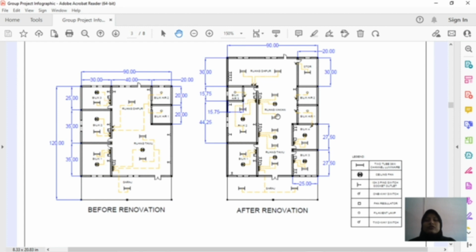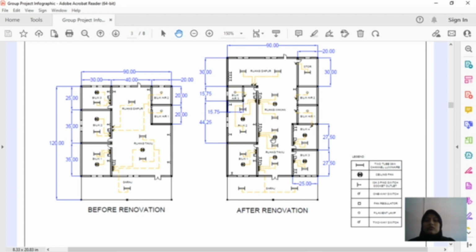For ruang makan we have 2 units of channel luminaire, 1 ceiling fan, 3 switches, which is 1 for the ceiling fan and 1 for each channel luminaire, 1 fan regulator and 1 socket outlet.